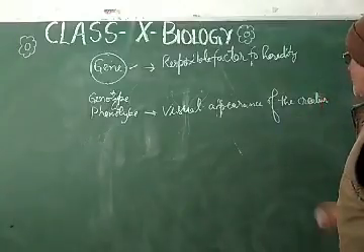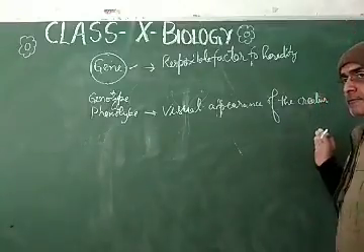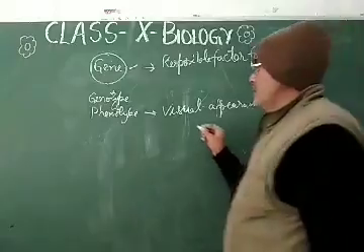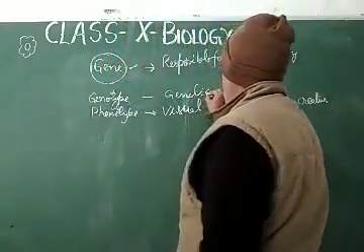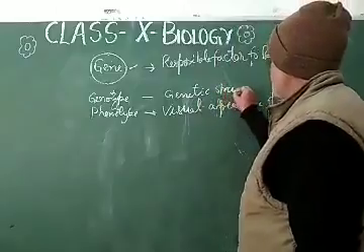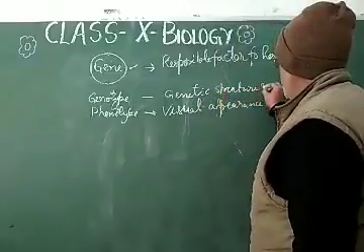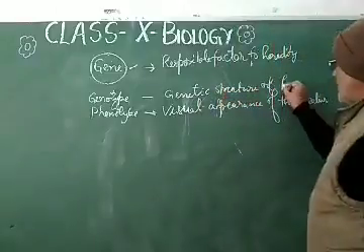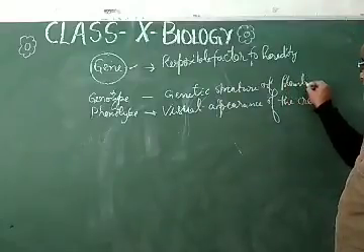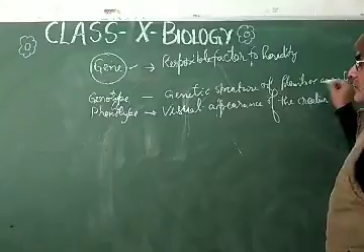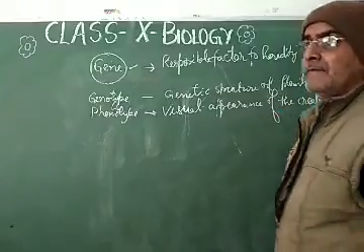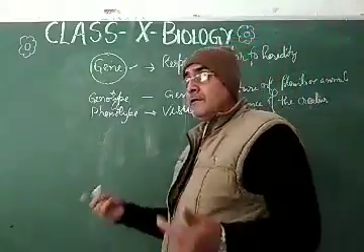Visual appearance of a living organism or of offspring. And genotype is the genetic structure of plants or animals. So genotype is the genetic structure, and phenotype is the visual appearance.